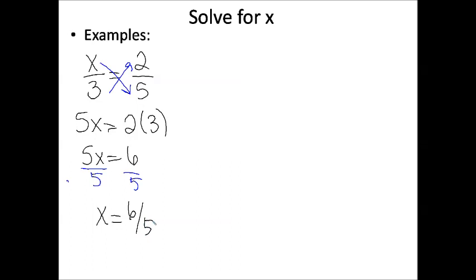Okay. Sometimes you don't actually have to cross multiply to solve these. 2 over x is equal to 4 over 10. You can see straight from here that I multiplied by 2.